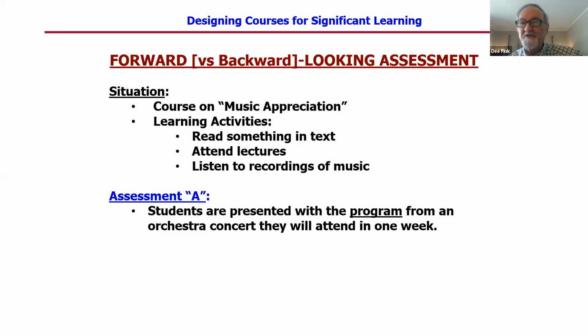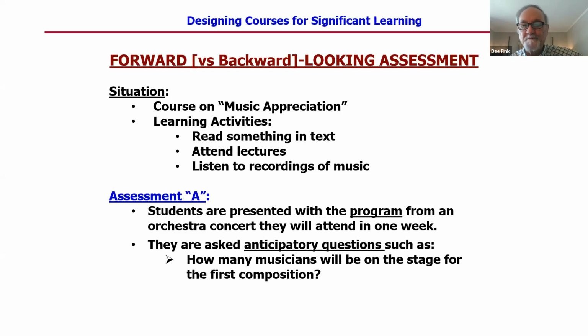Here's one assessment option. The teacher, at a certain time in the course, has the students attend an orchestra concert. The teacher shows them a program for that concert and then asks this kind of question: for the first piece in the program, how many musicians do you think will be on the stage?